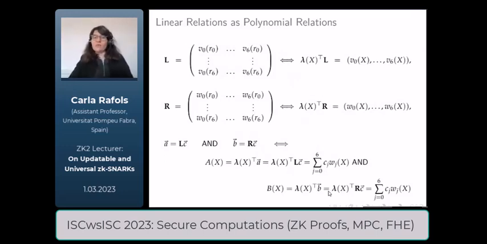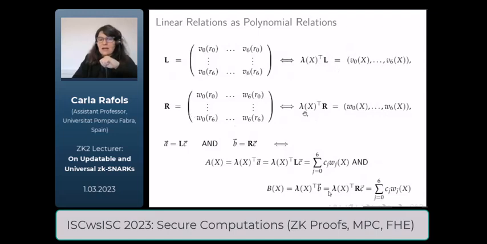And here we can do something similar. For each row of the matrix, each row gives me an equation at a different point. In other words, if I have a matrix, I can think of each of the columns of the matrix and encode it as a polynomial, so that if I multiply this vector lambda times L, I get a vector of polynomials.